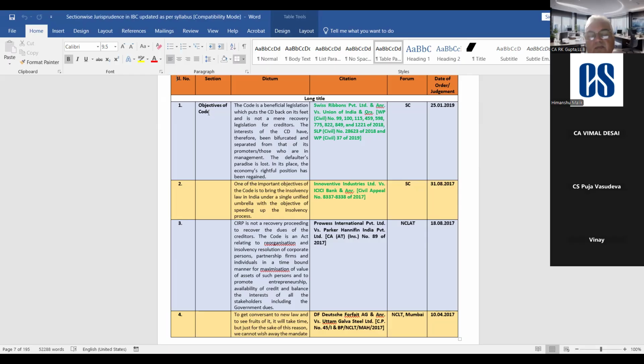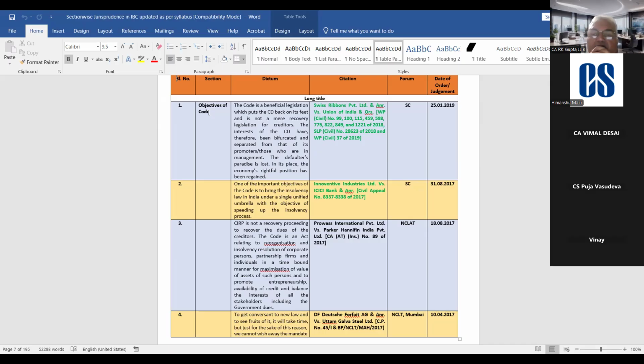Why? Because suppose there are two fallouts. Suppose a company is not able to pay, then what will happen ultimately? Either it could be sold to some other person by way of a resolution plan, or there could be a liquidation. In case of liquidation, what will happen? There will be unemployment because the employees will be terminated.